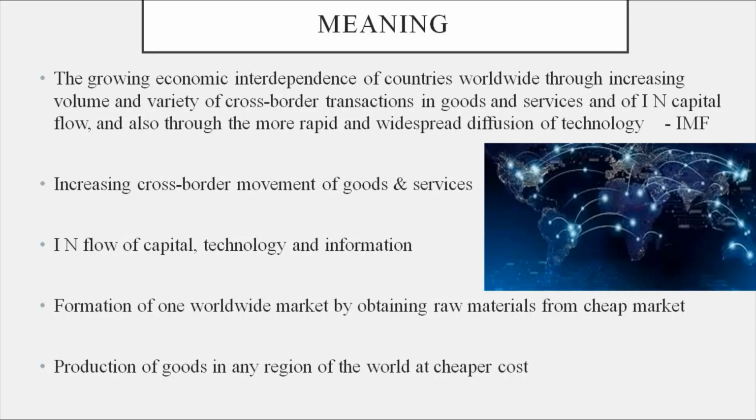We don't have to export or import here. Wherever the population is more, investment is easy. So any goods can be produced in any corner of the world. That is globalization. We understood these factors from this definition.